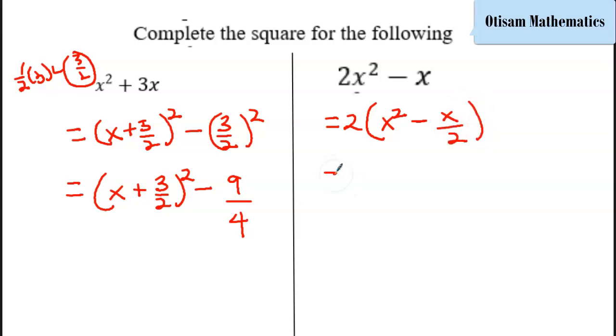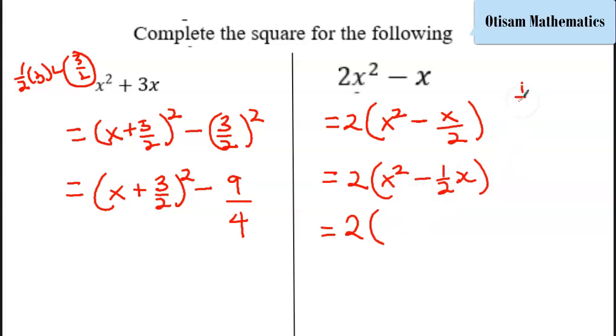So let me rewrite it. So 2 times x minus 1 on 2x. So let's look at how you go about it. As I've said, this time the coefficient of the variable square is 1. So we come here.